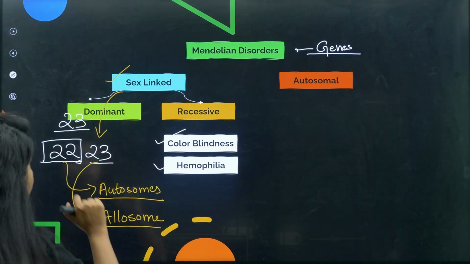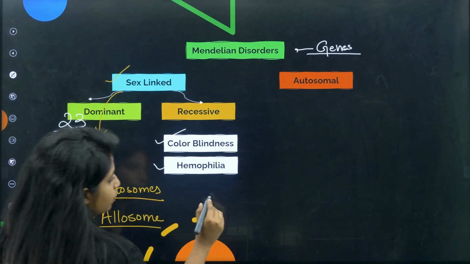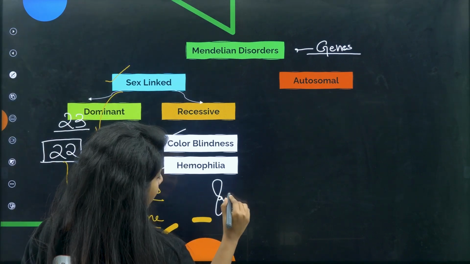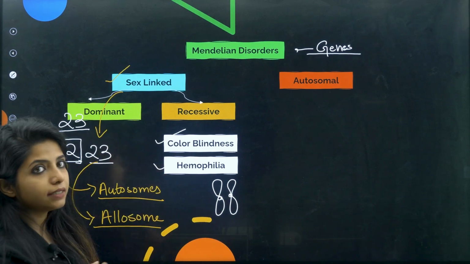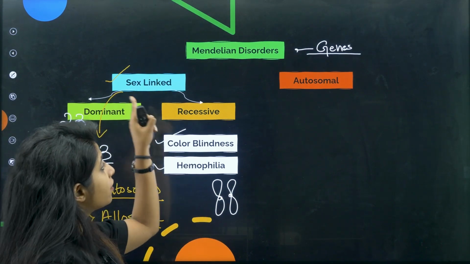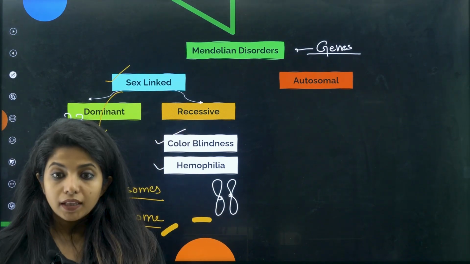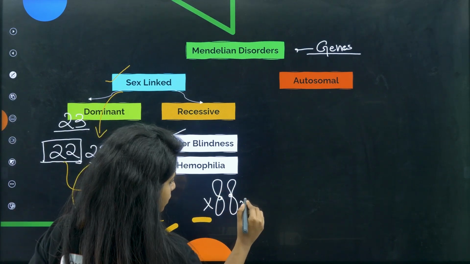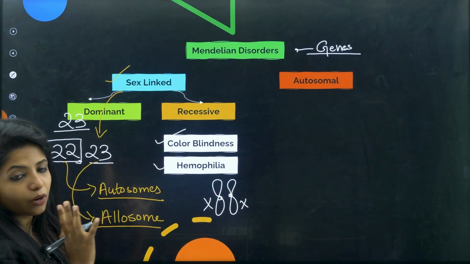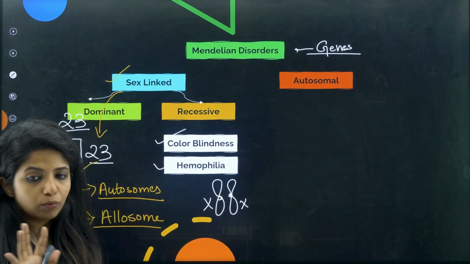So children, please listen to me very carefully. Suppose I have chromosomes over here and I say that color blindness is a sex-linked recessive disorder. That means if I have X and X, obviously, the problem is there on the X chromosome, not on the Y chromosome.